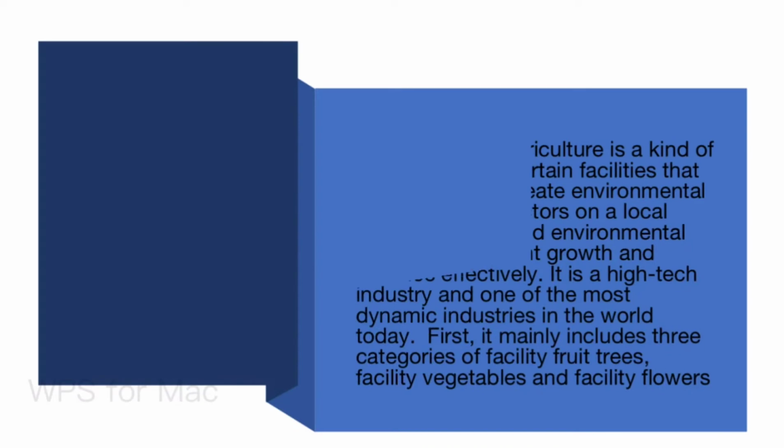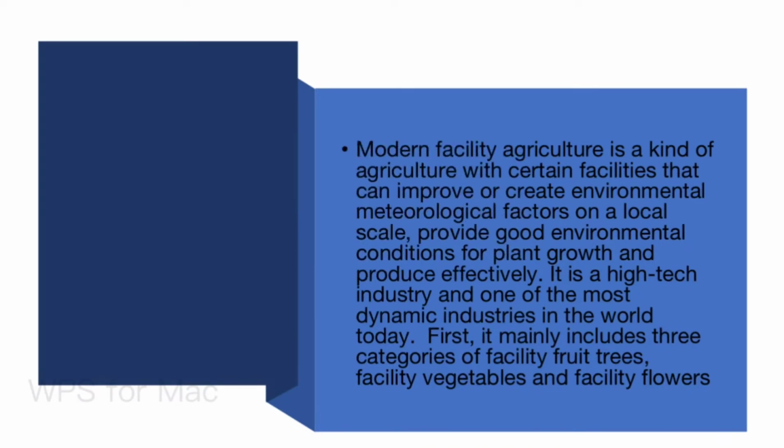Next is modern facility culture. The modern facility agriculture is a kind of agriculture with certain facilities that can improve or create environmental factors, provide good environmental conditions for plant growth, and produce efficiently.